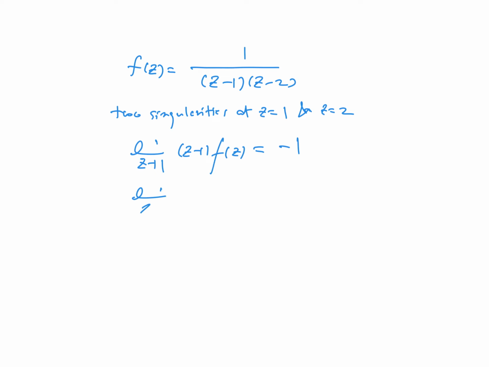And as z approaches 2, multiplying by z minus 2, it is 1, obviously finite. So z equal to 1 and 2 are simple poles.